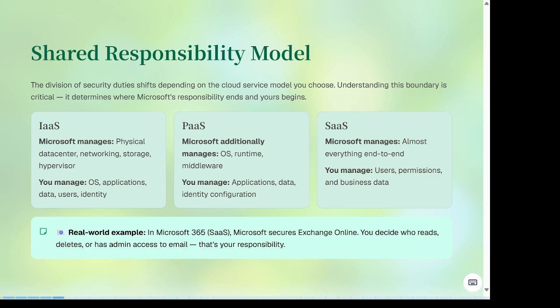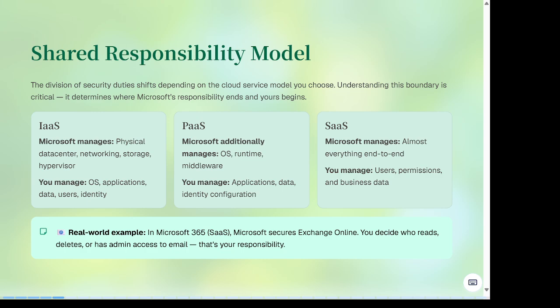Instead, you focus on building and deploying your application. Your responsibility is the application itself, the business data it uses, identity management, and application configuration. This allows developers to spend more time writing code instead of maintaining servers.